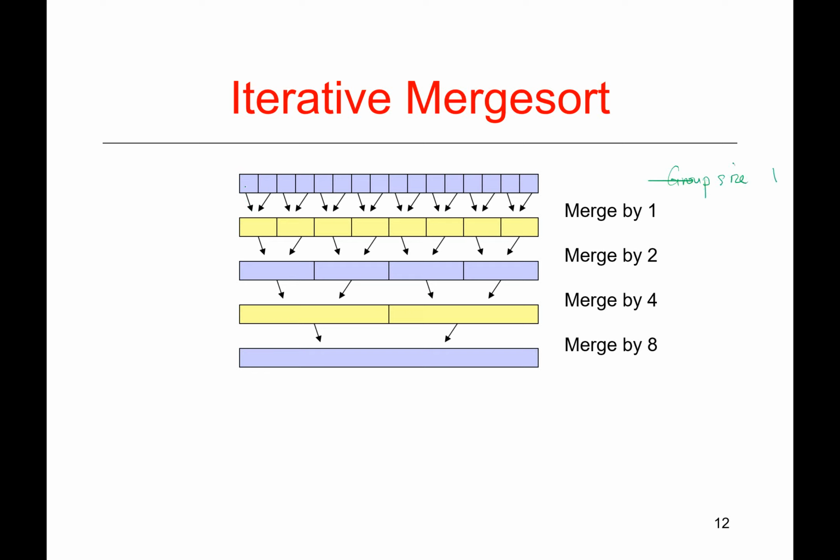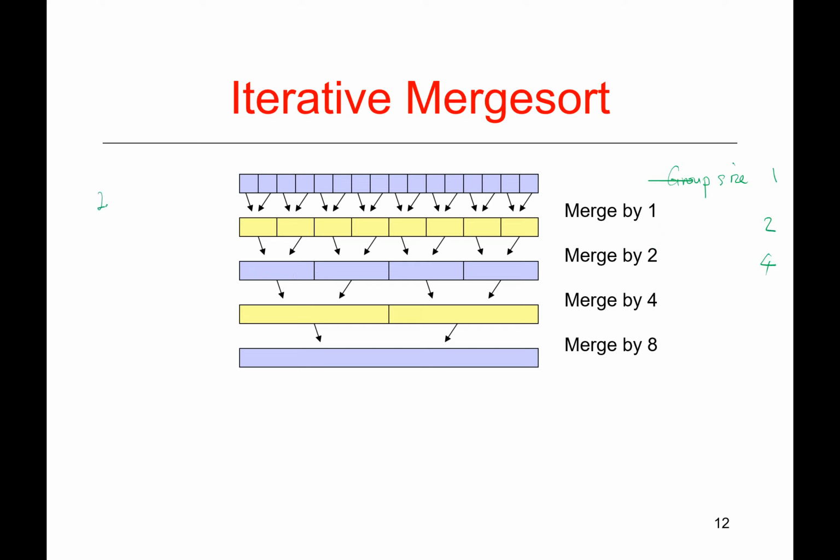We merge adjacent groups and get group size 2. Then in the second iteration, we merge adjacent groups, where each group has size 2 or less, and we form groups of 4. And then we merge in the third iteration.